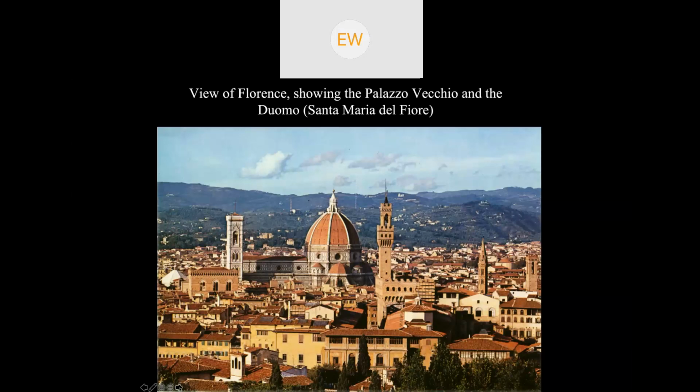Here, Santa Maria del Fiore, which is this dome, was designed by Brunelleschi, and it is really a breakthrough for the Renaissance. This area of the church was destroyed by a lightning strike about 150 years before Brunelleschi figured out how to build that dome.